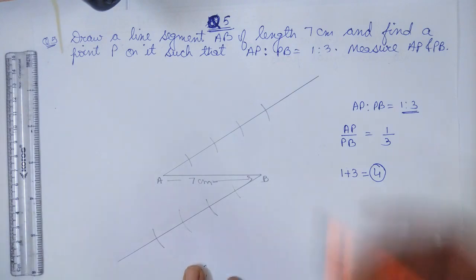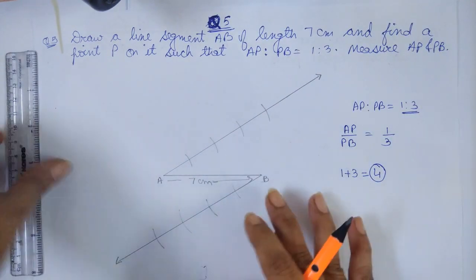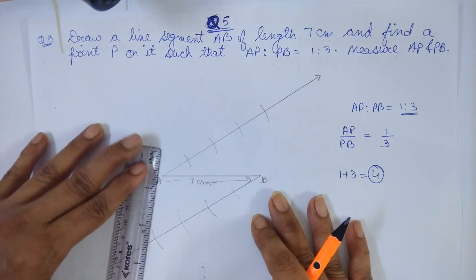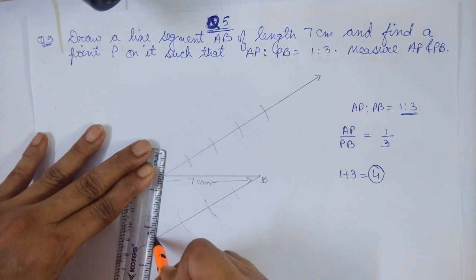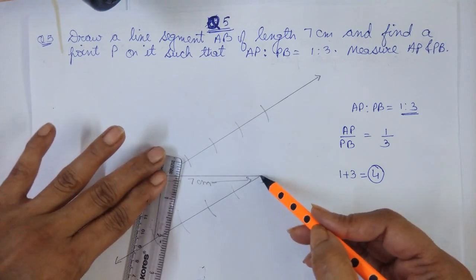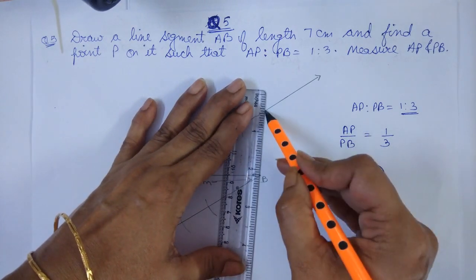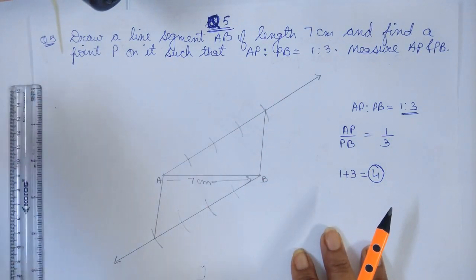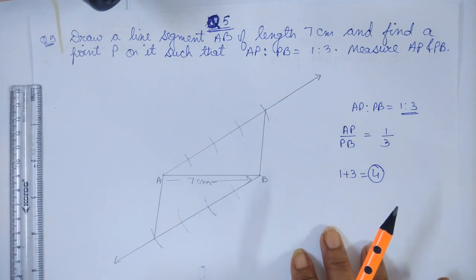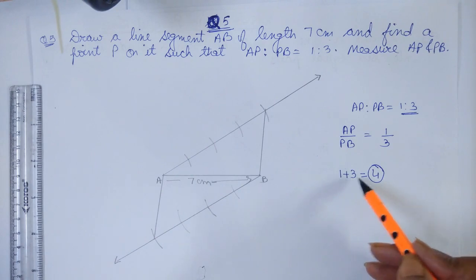Now, what should be the next step? Join point A with the last arc. As we did in the previous question, same way join point B with the last arc. Now, can you tell me what should be the next step? Here it is written 1:3.